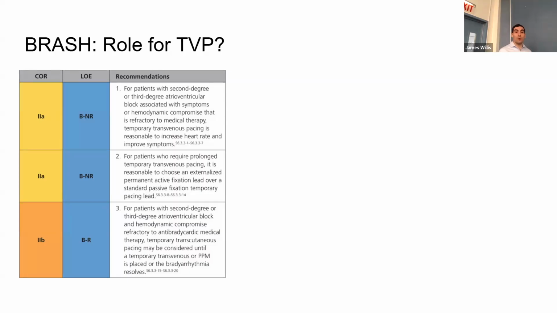There are no controlled trials of transcutaneous pacing outside the pre-hospital setting, and they're oftentimes going to be limited by the high capture thresholds like we addressed earlier, because the underlying acidemia and hyperkalemia make it really difficult to convert electrical energy into mechanical capture.